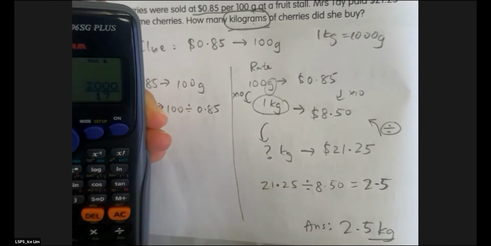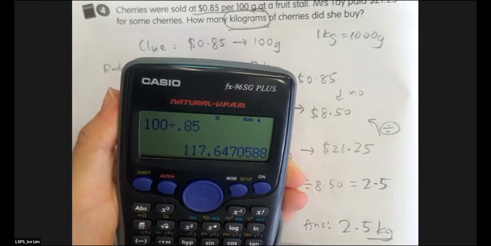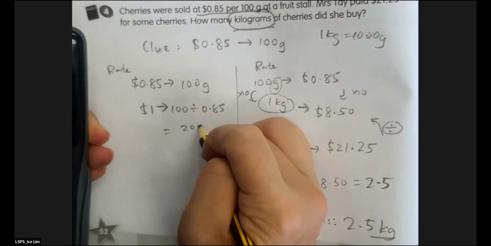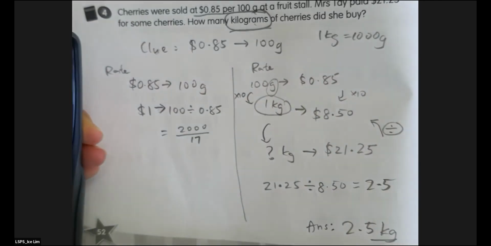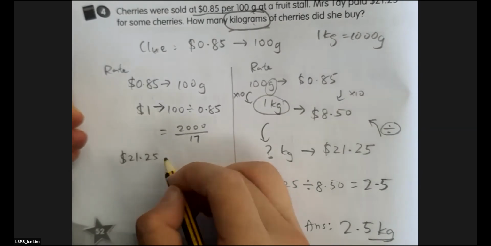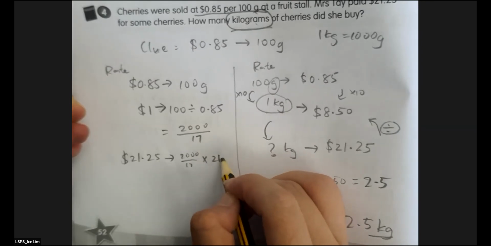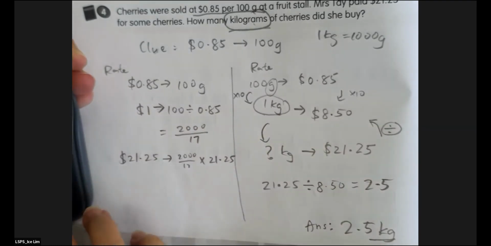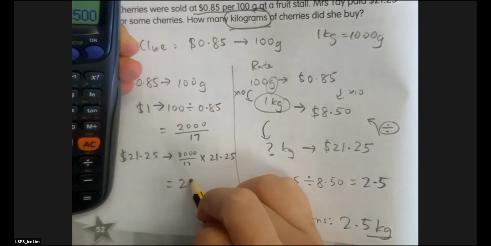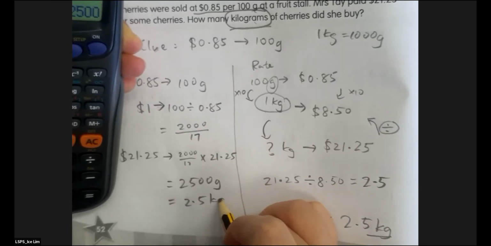Oh, that's very difficult to write down this decimal, so I'm going to just write it as a fraction. Now I go on to $21.25. Use the fraction times the decimal. I just use the answer times 21.25. You get 2,500 grams. And that is 2.5 kilograms.